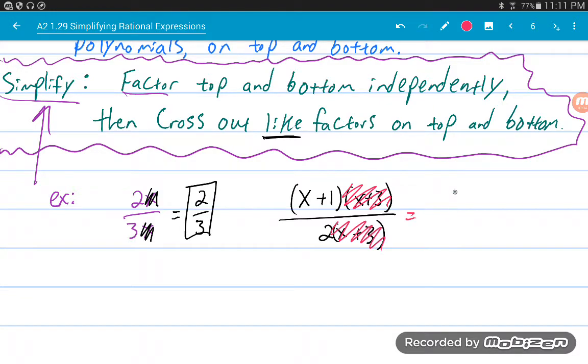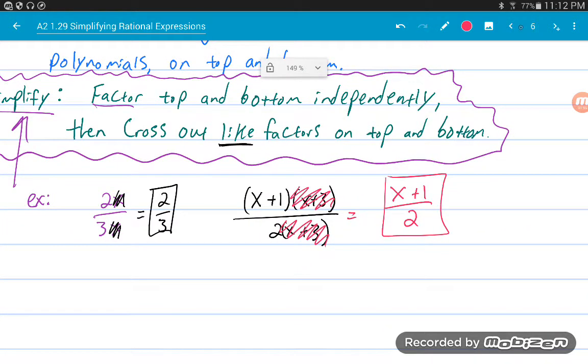My final answer would just be x plus 1 over 2. So it doesn't matter if it's a single term, or a number, or a letter, or even a bubble, a parentheses, multiple terms, a binomial. If they're the same on the top and the bottom, then you can cross them out.